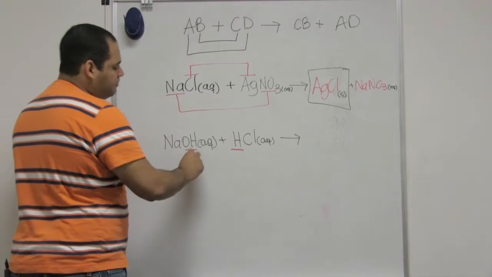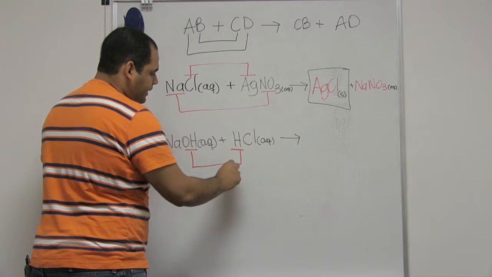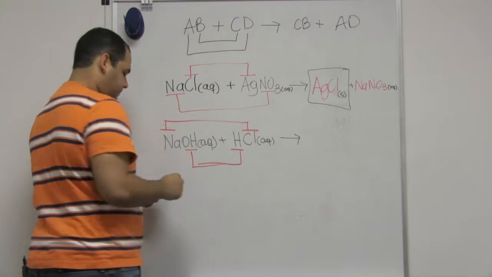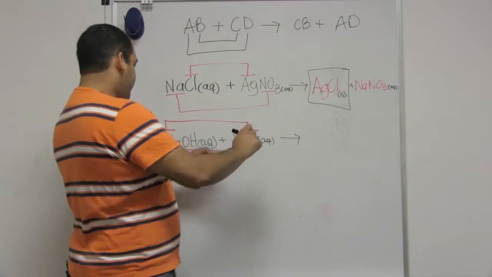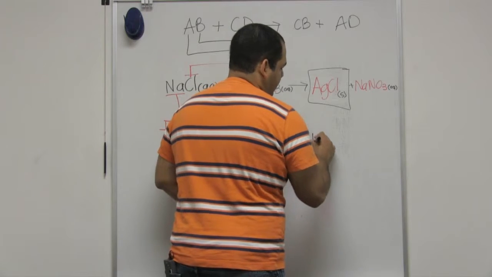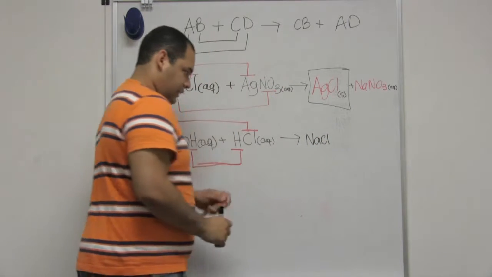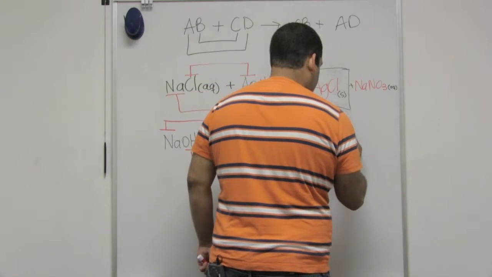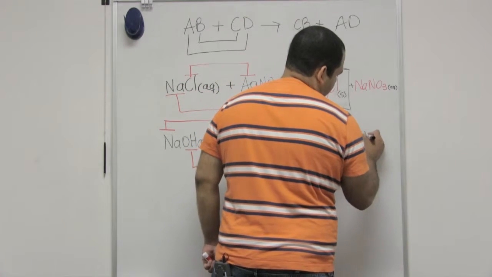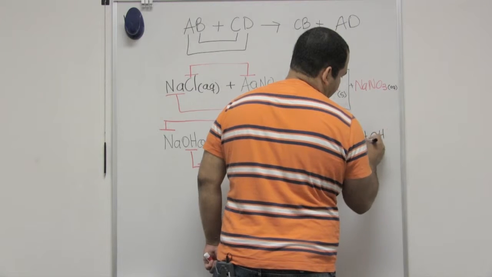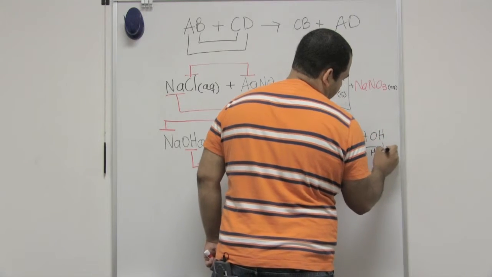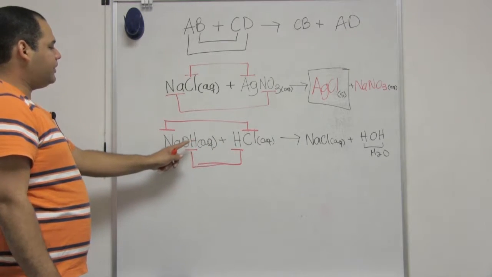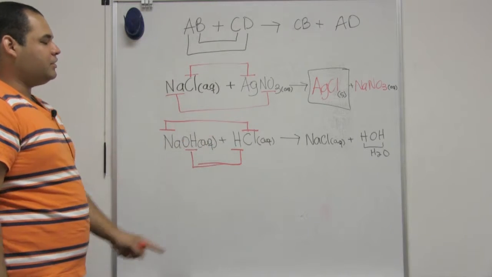And I know that B combined with C as well as A combined with D. So when I'm predicting my final product, I say I have the salt, NaCl, plus water. I write this just to emphasize this is H2O. HOH comes from C combined with B, making H2O.